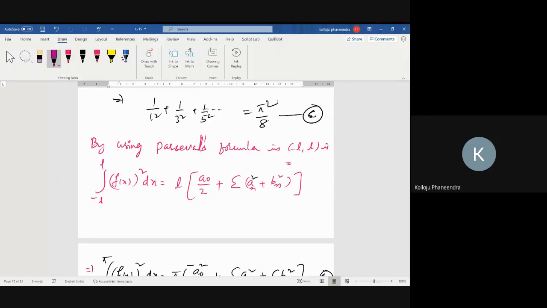Next: alternating series, Leibniz rule, conditional convergence, absolute convergence, then Fourier series in 0 to 2 pi, in minus pi to pi, in 0 to 2L, minus L to L, then half-range sine series, cosine series, and the last topic is Parseval's formula. Okay, this is your first unit. Any doubts?